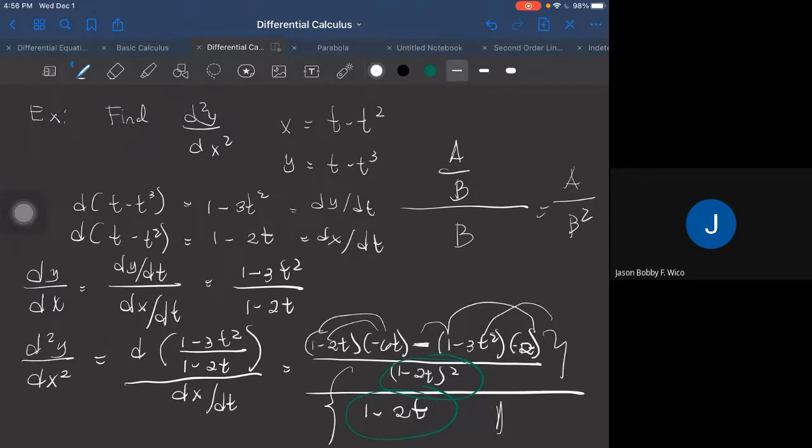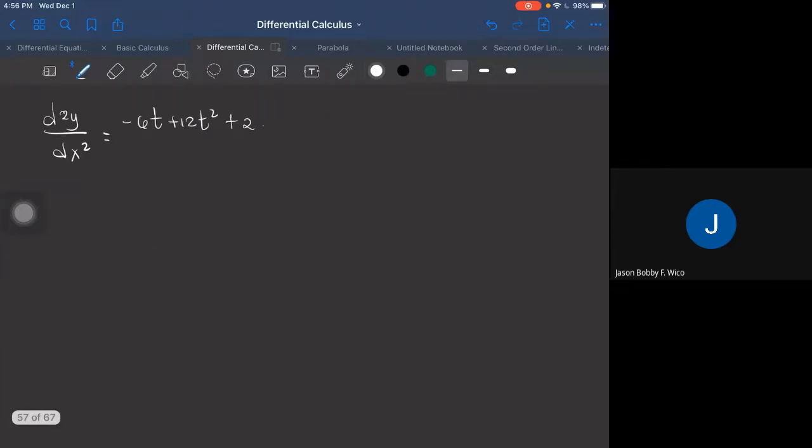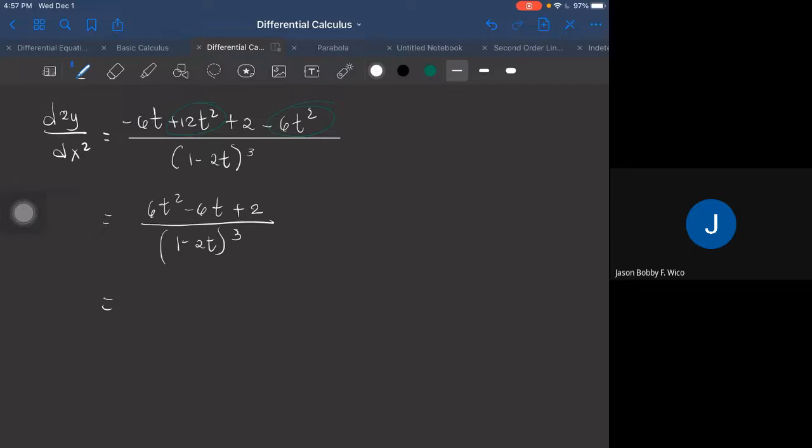So negative, another negative, and then you have another negative. So the answer is negative 6t squared. Okay. We can still simplify this. We can combine these two. So I guess this is our answer.